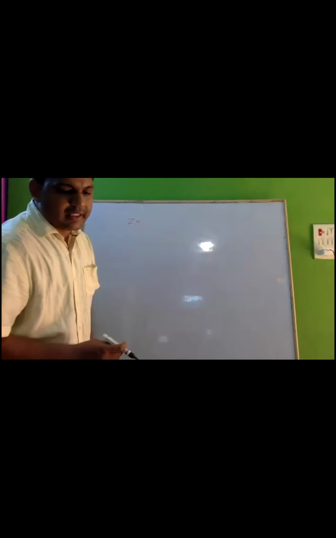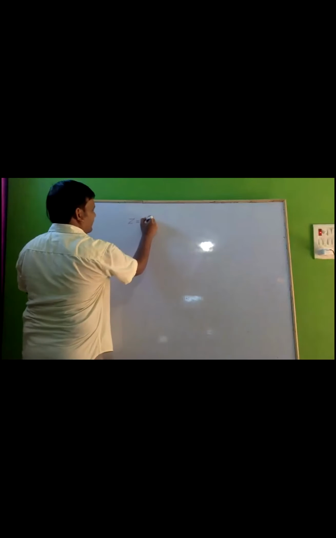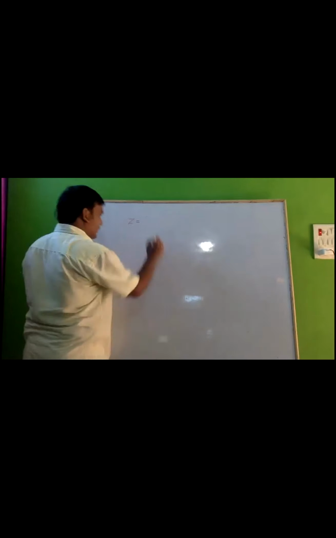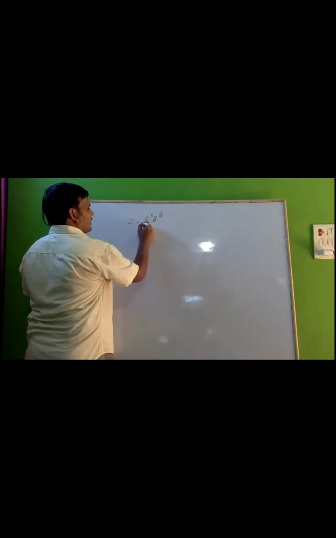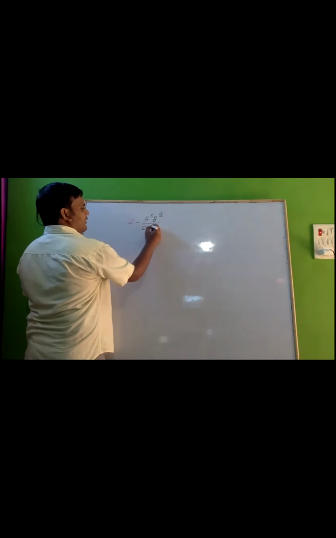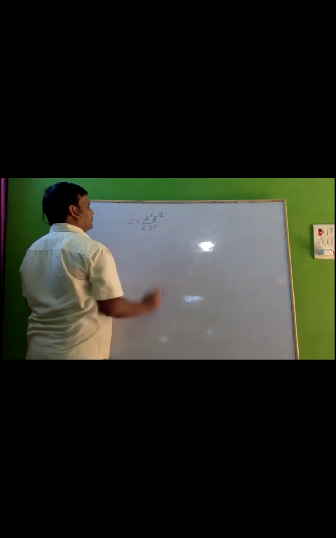Now, coming to the question: Z is equal to A cubed, B to the power 1 by 2, and C into D to the power 3.